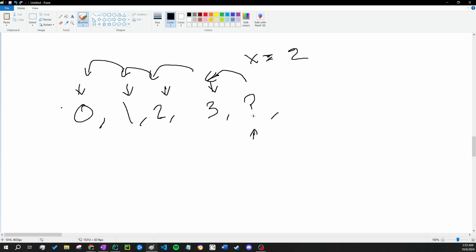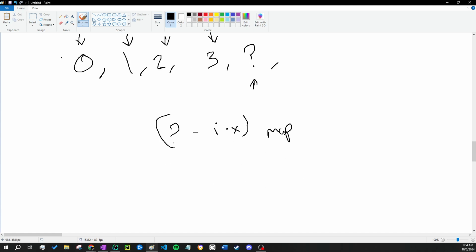So is there a value where x, the question mark minus x, or any value of x right here, if it's 2? So it's gonna be i times x. And if there's a value in the map, because we're gonna store it in a map, we have to check the occurrence.